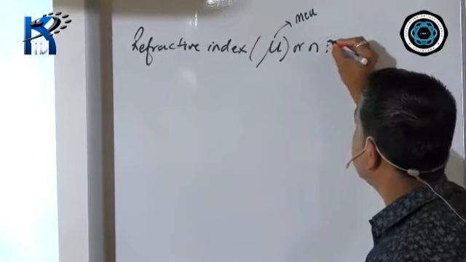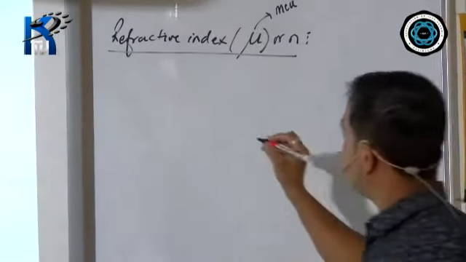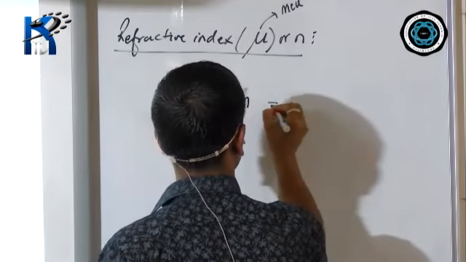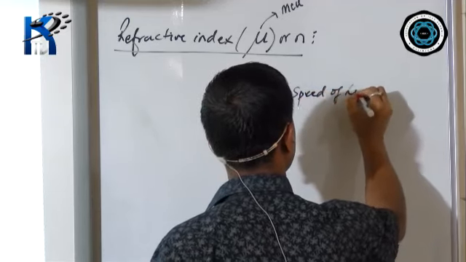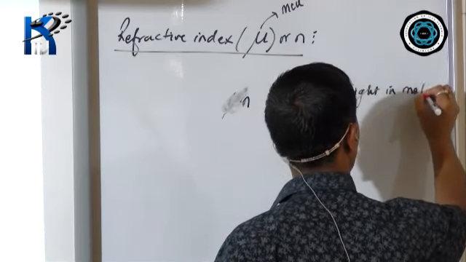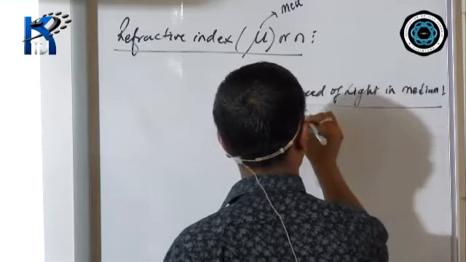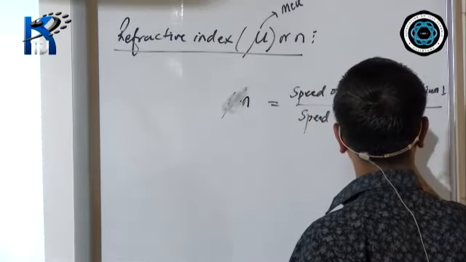Now, as for the measurement of refractive index, let me write the symbol n only, it is the ratio of the speed of light in medium 1 to the speed of light in medium 2.